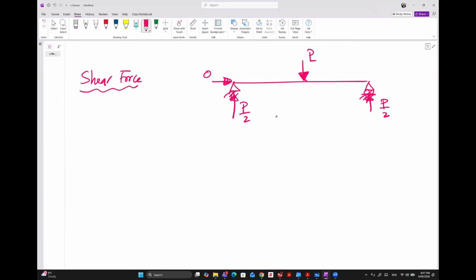Force parallel or perpendicular to the cross section? Do you remember? Yeah, so force parallel to the cross section.